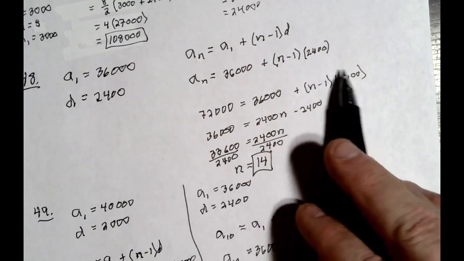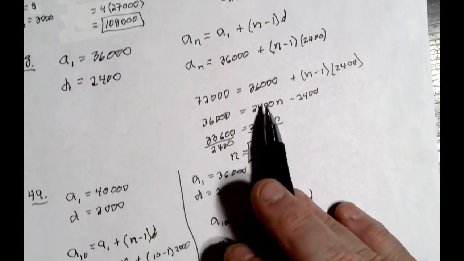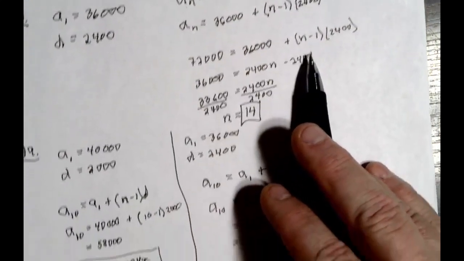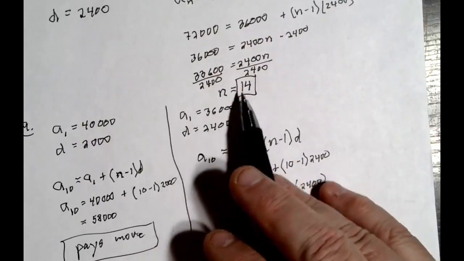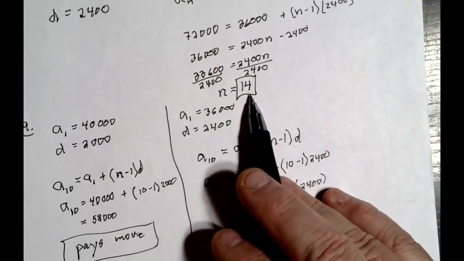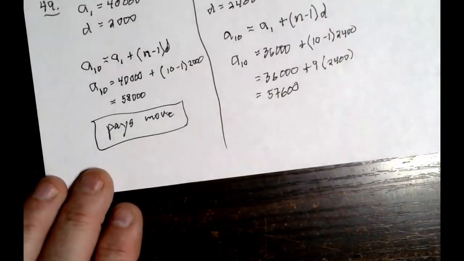So multiply that, and you get 2,400 minus 2,400, and you subtract 36,000, so you get 36,000 equals this. Add 2,400, divide by 2,400, and you get 14. So the 14th term, or the 14 years later, that's what you're going to get.